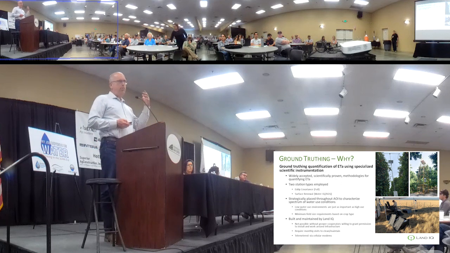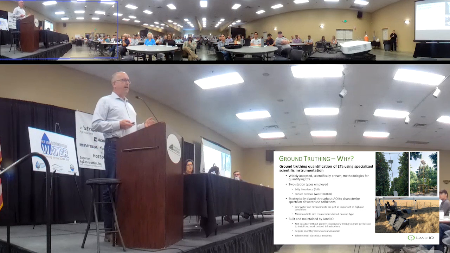How do we ground truth in the southern San Joaquin Valley? We work at a number of GSAs. We have approaching 100 climatic stations. Those stations are specifically designed. They're called eddy covariance surface renewal stations. They're specifically designed to measure actual evapotranspiration on the ground.